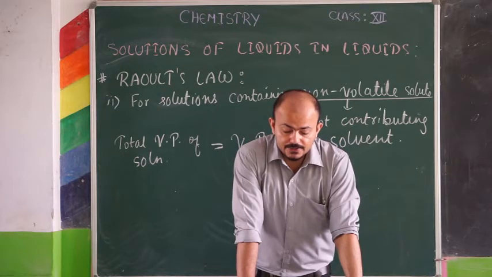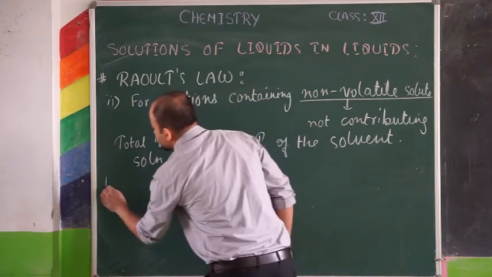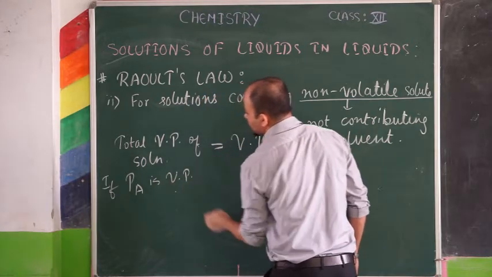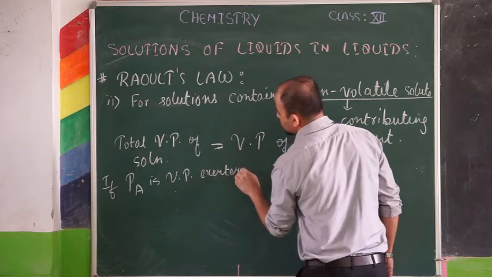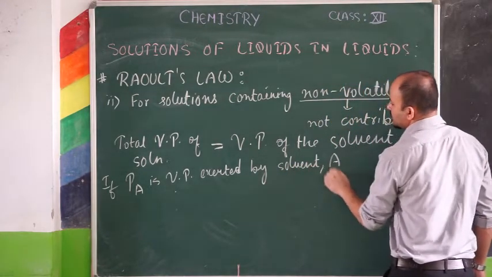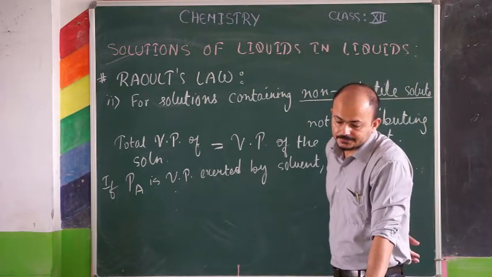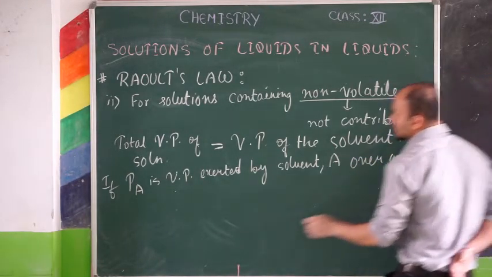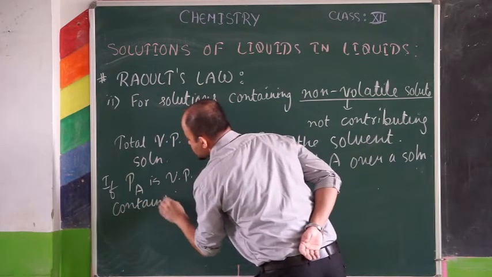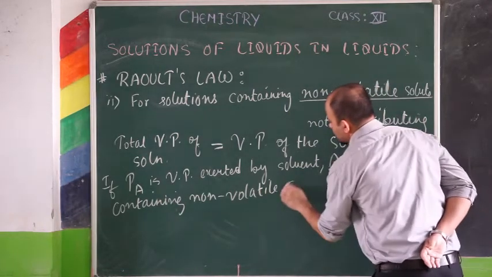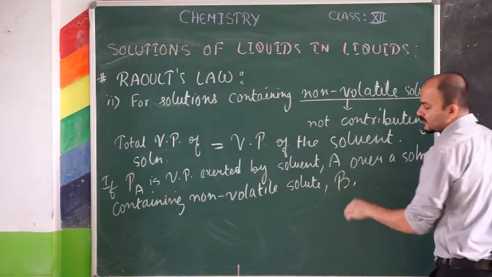Now, in such cases, you have to remember this. If PA is the vapor pressure exerted by, say, solvent A, over a solution containing non-volatile solute, say B, then what will happen?